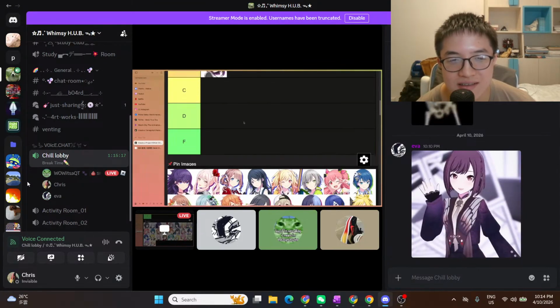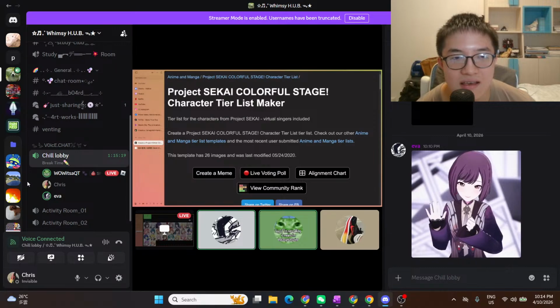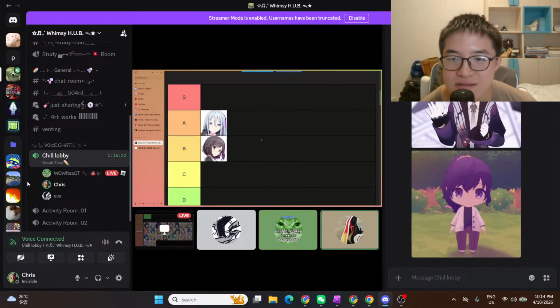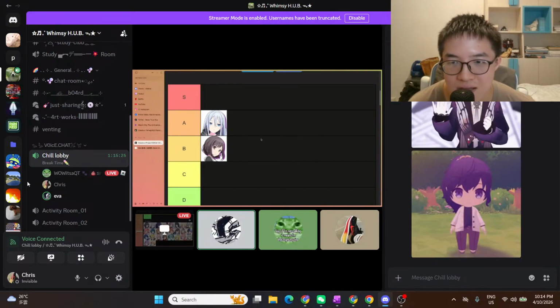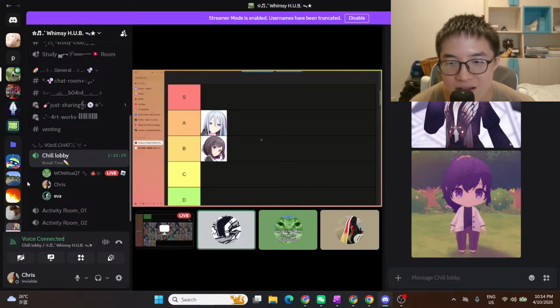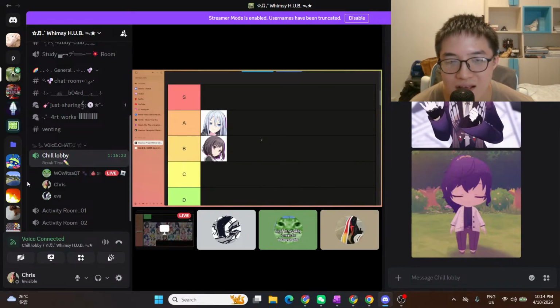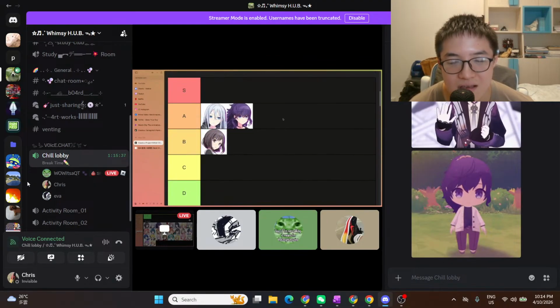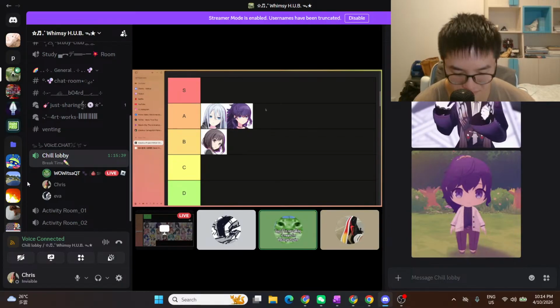It's from a Twilight Princess game. It's a rhythm game. Let me look at this one. She could be behind the white hair girl. Yeah, I agree. I like her hair.